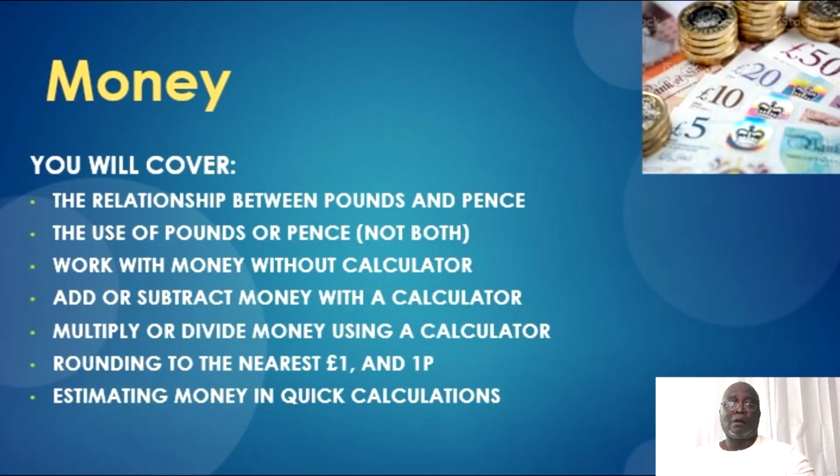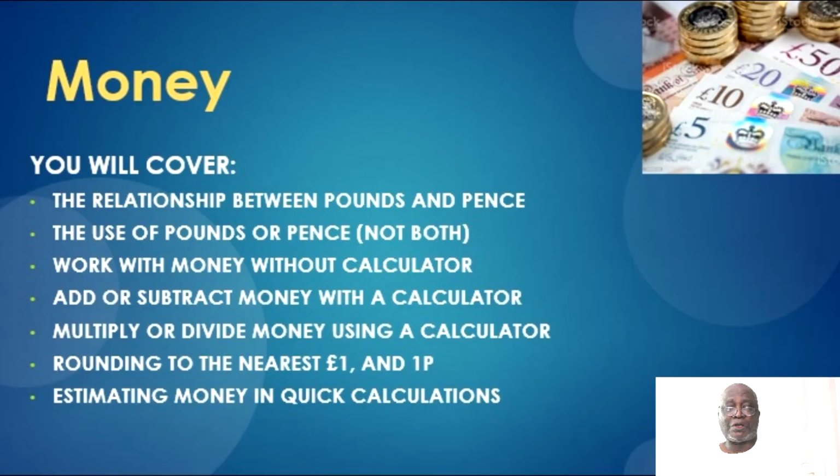Measuring, which is part 2 of the Entity Visual Functional Mathematics, starts with using money. In this topic, you will cover the relationship between pounds and pence, the use of pounds or pence, not both, in your calculations.